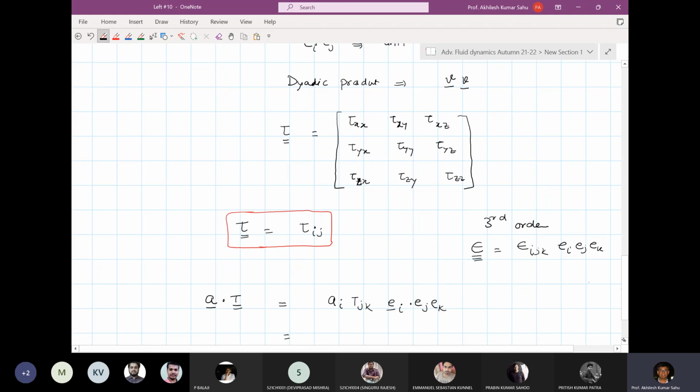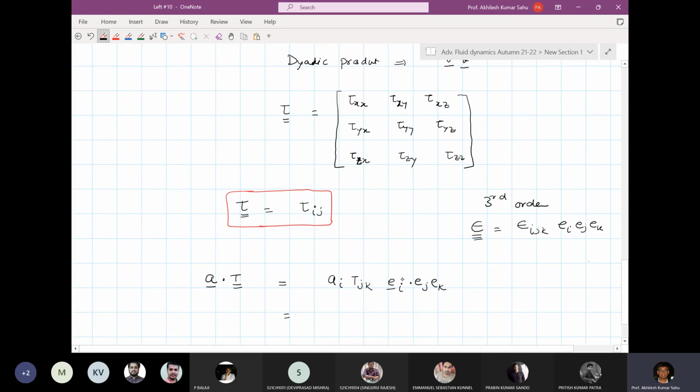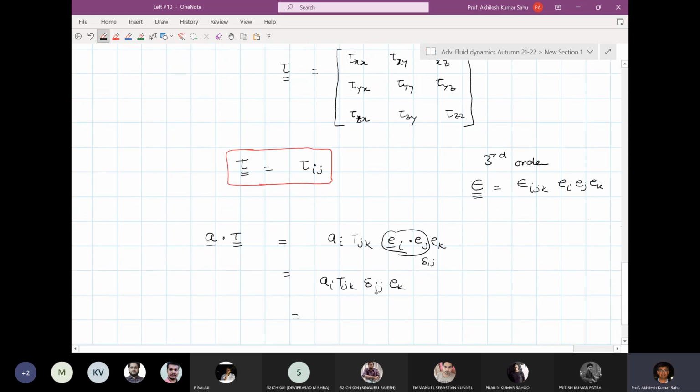In that case this will form delta ij. Okay, so it will be ai tjk delta ij ek, and then I can drop this delta ij. In this expression I have to replace either i by j or j by i. So it will be ai tik ek, or simply ai tik, right?